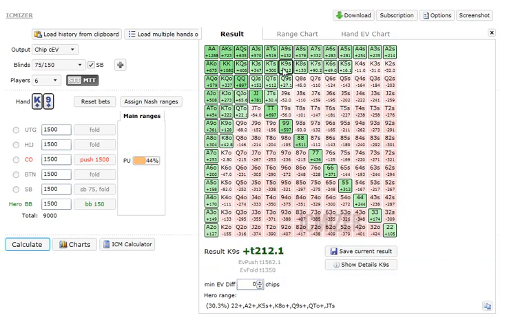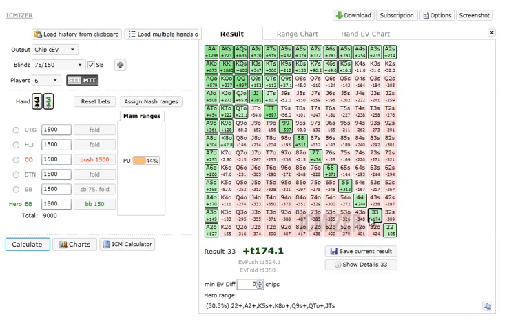I'm just selecting a hand here. Oh, okay. Wait, was that what you were doing in the beginning when you first switched it to chip EV? No. When I just switched to chip EV, I didn't change the hand. Okay, so you can see here we are selecting the hand.